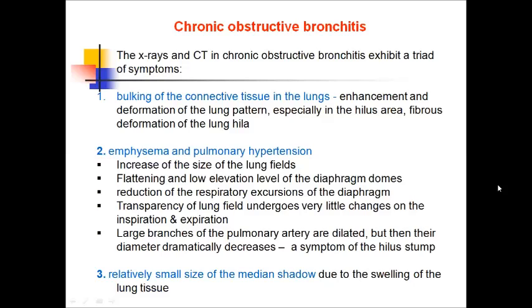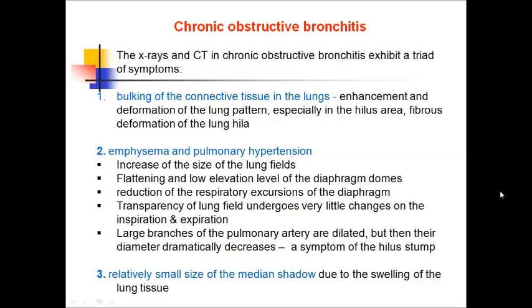Some common pathologies of lungs and bronchi. First, chronic obstructive bronchitis. The X-ray and CT in chronic obstructive bronchitis exhibit a triad of symptoms: bulking of the connective tissue in the lungs, emphysema and pulmonary hypertension, and third, relatively small size of the mediastinal or median shadow.